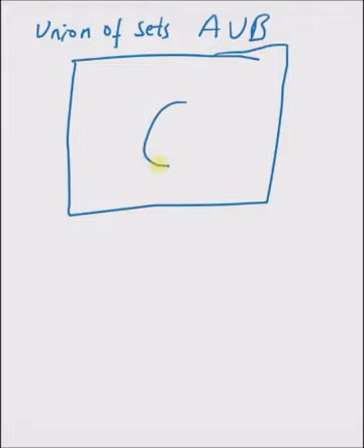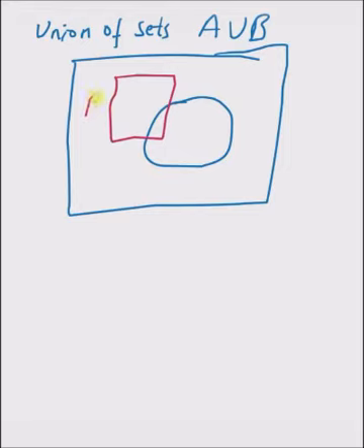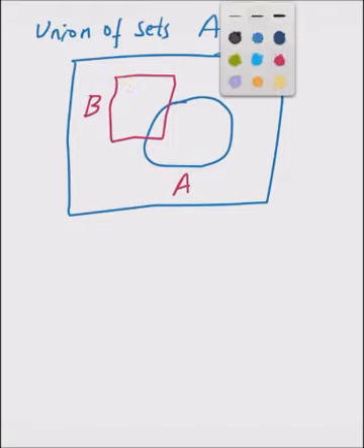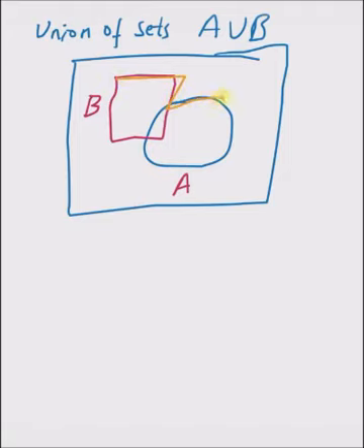Consider a set A, set B, this is set B and this is set A. Now the total region outlined by this orange line is the set A union B. So basically the operation union combines the two sets.